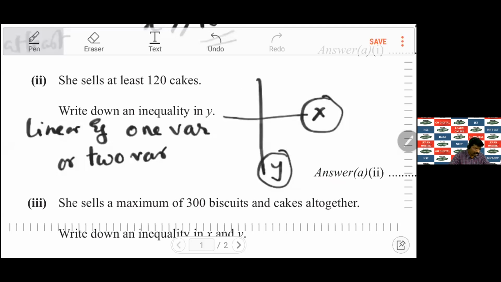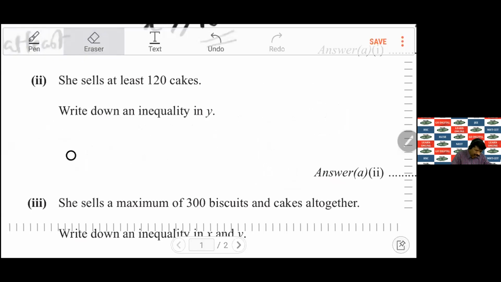Linear means graph. Linear programming, so you have to go to the graph to solve it. Graph will have two variables, x and y, so every sum will have two variables. So in this sum, what are the two variables?